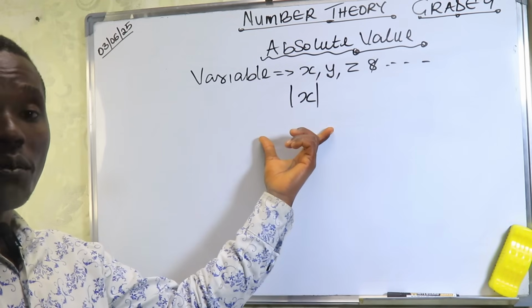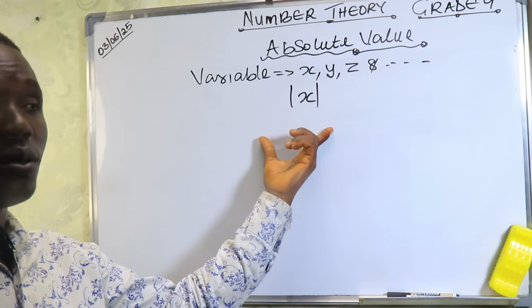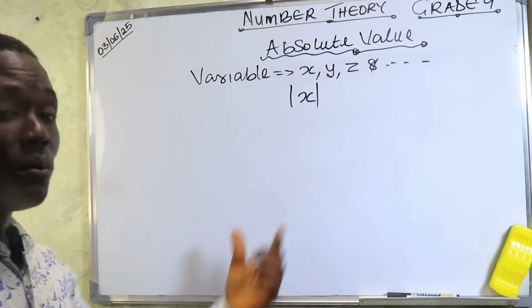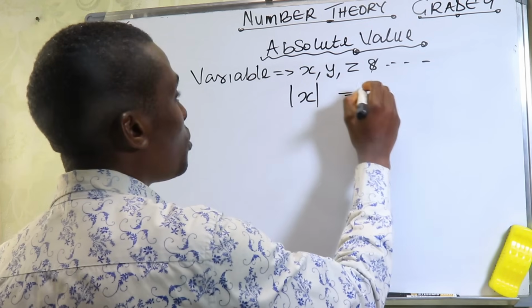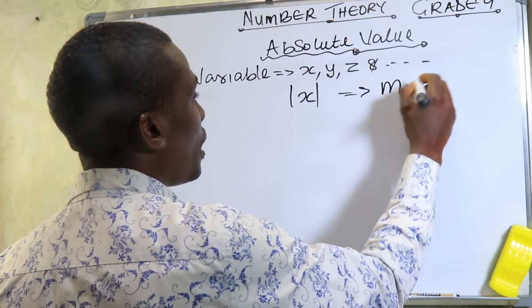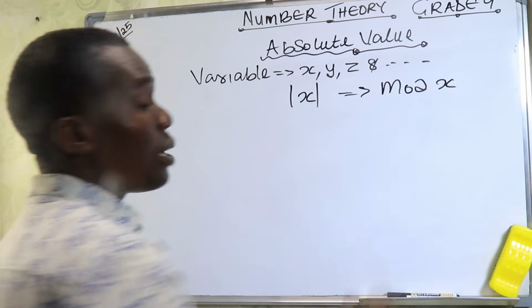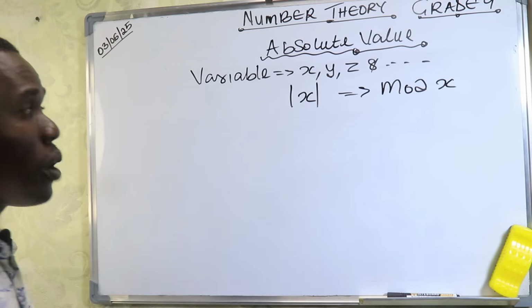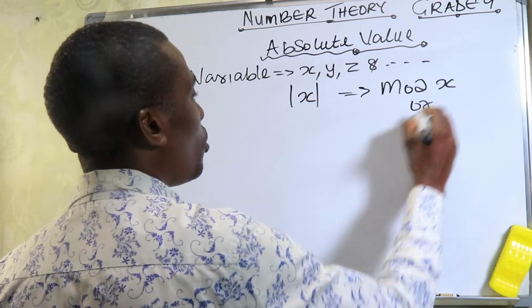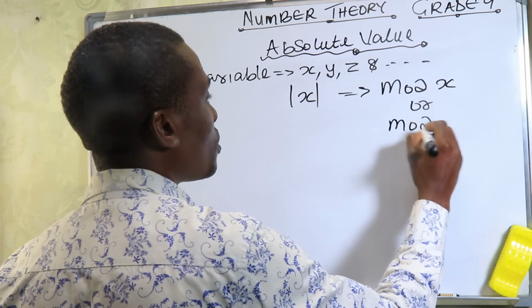This sign or symbol represents absolute value, and this symbol is pronounced mod x. And what does mod x mean? We call it mod x, or we call it modulus x.